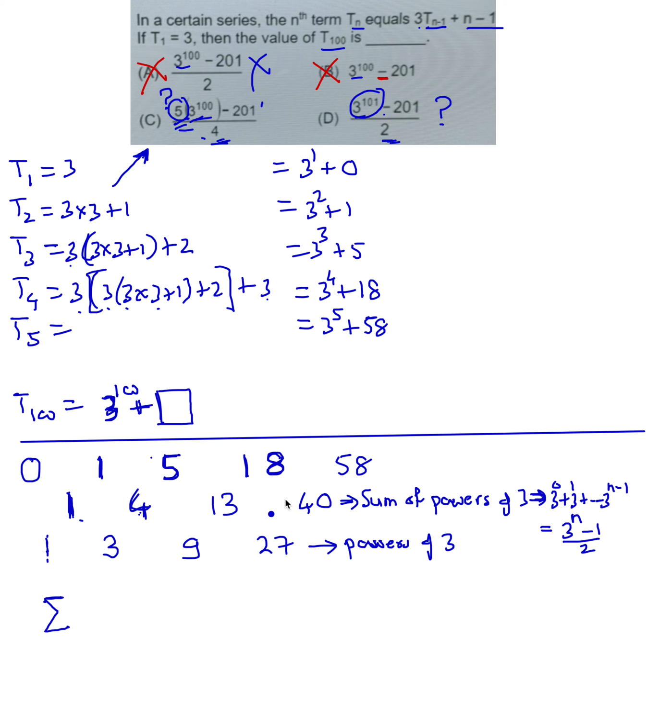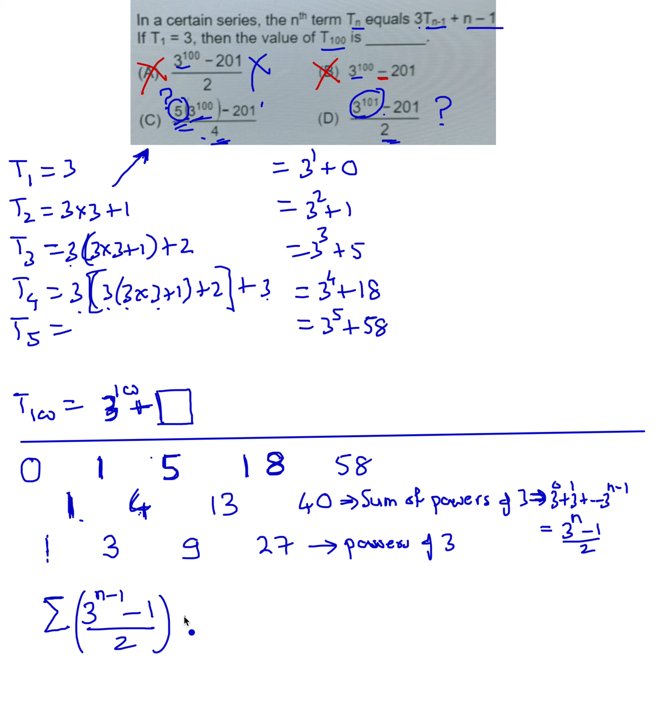And the sum of n minus 1 terms of the second series is going to be the sum of powers of 3 till 3 raised to n minus 2. So the sum of the powers of 3 till 3 raised to n minus 2 is going to be the next power, 3 raised to n minus 1, minus 1, by 2. So this is the term in the first series.